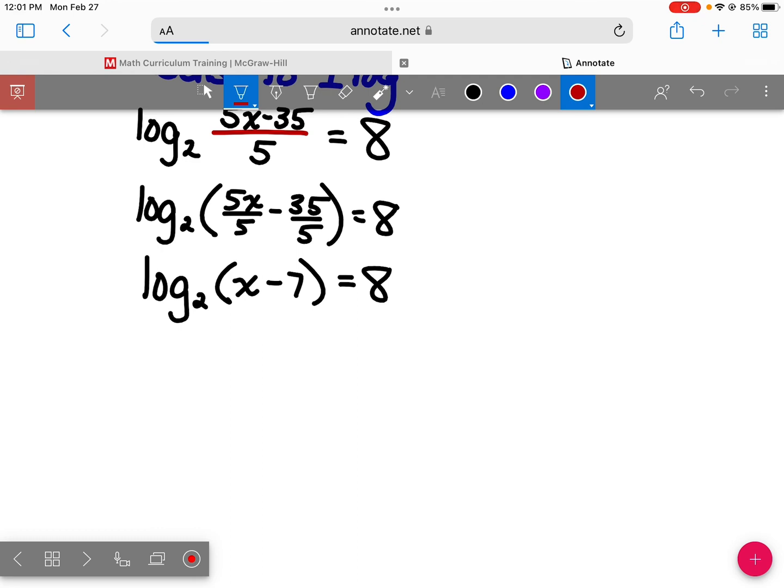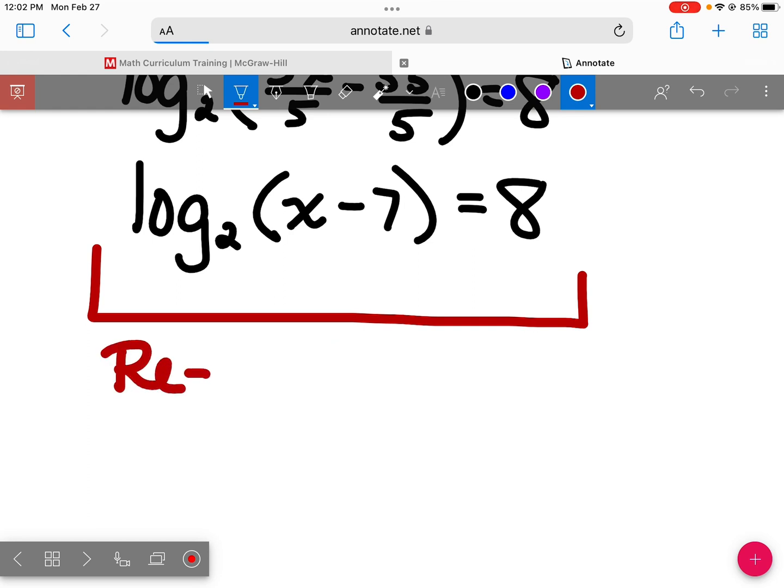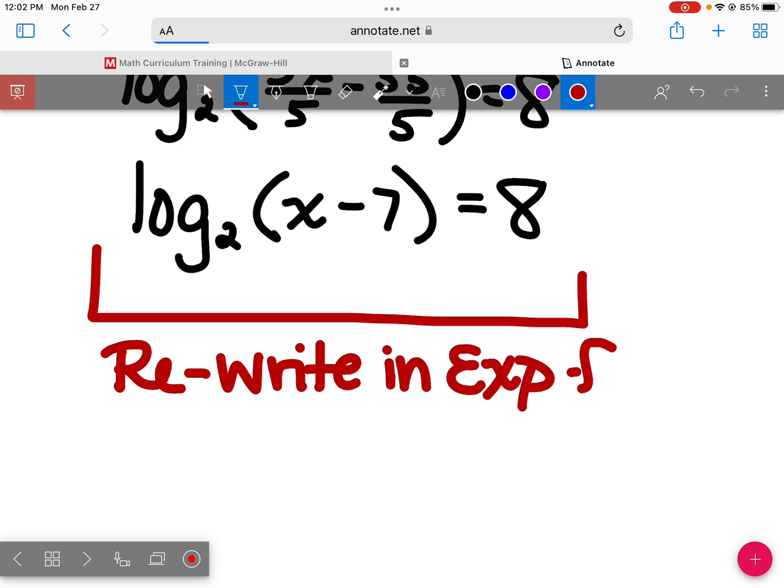Look at the front of your packet. Example B on number 1. We're going to rewrite this in exponential form, which means I need to know what my base is, what my exponent is, and what my argument is.